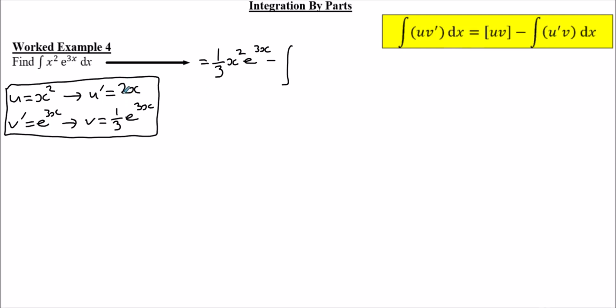So u dashed v, 2 times 1/3 is 2/3 x e to the 3x dx. So this obviously is fine, but what we've got here is something that we need to use integration by parts with yet again. So if I just colour code this in, say, a lovely light blue, you can think about what to do with it over here.